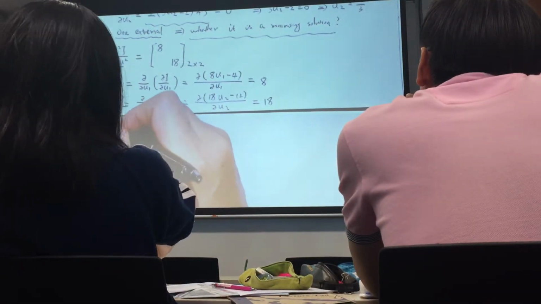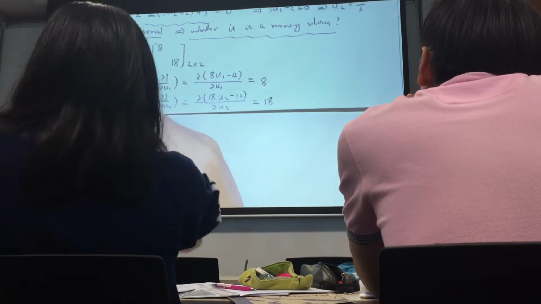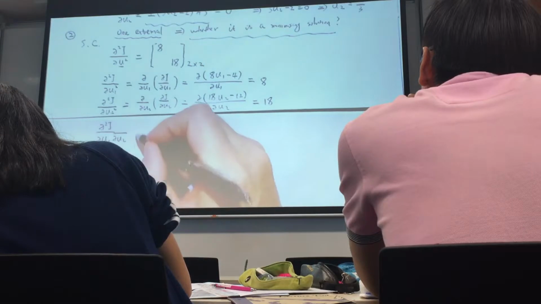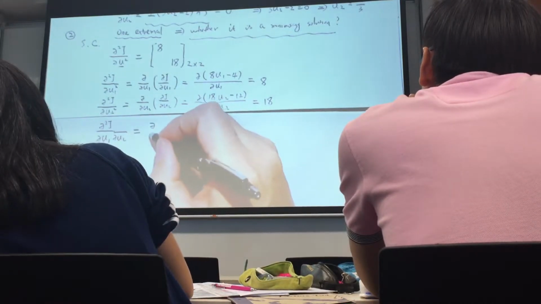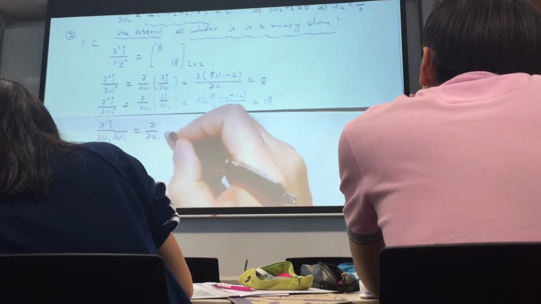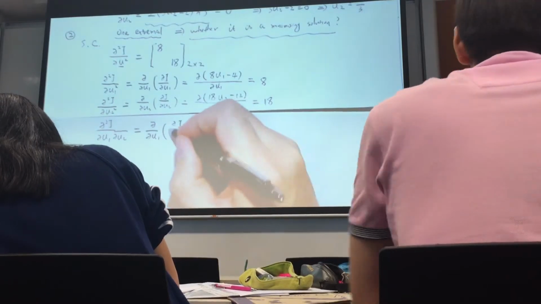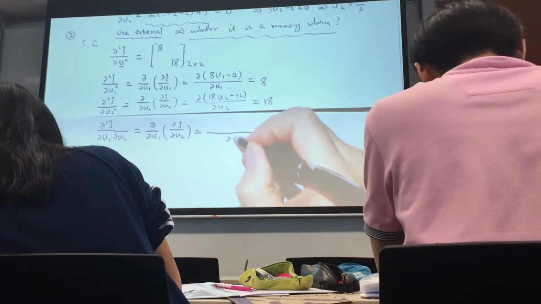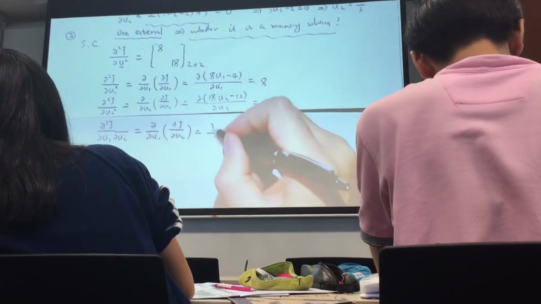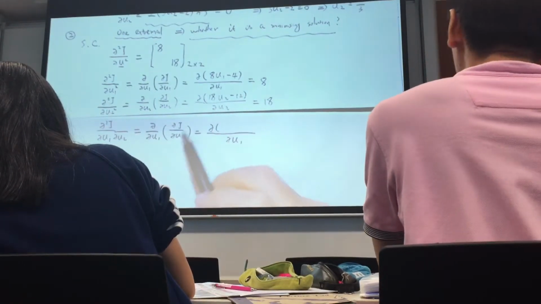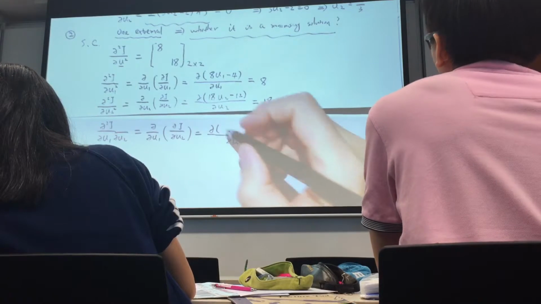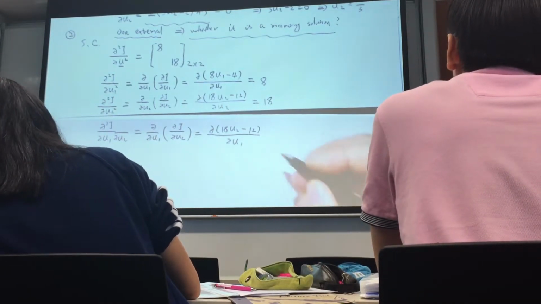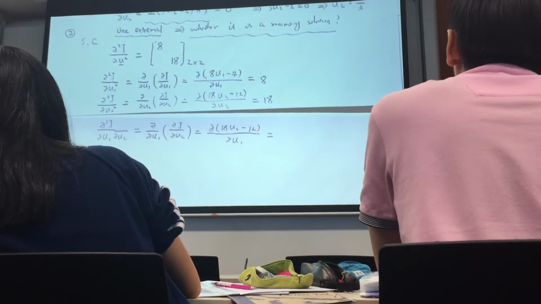The next component will be d²J du1 du2. So this will be du1 of dJ du2, which is given by 18 u2 minus 12.